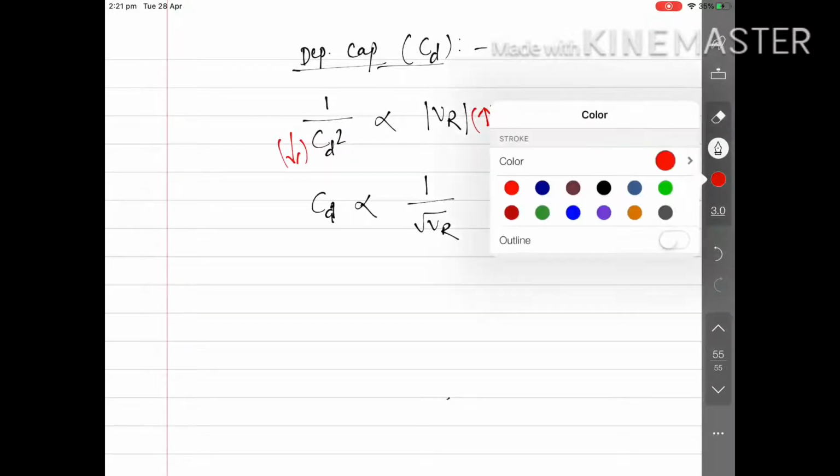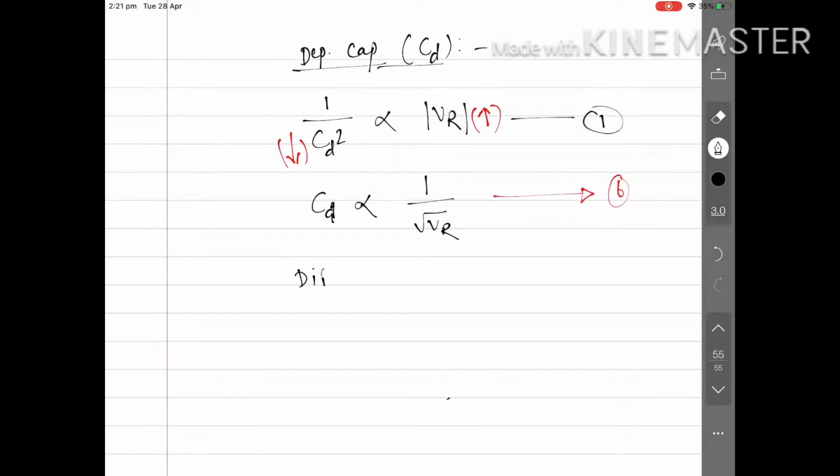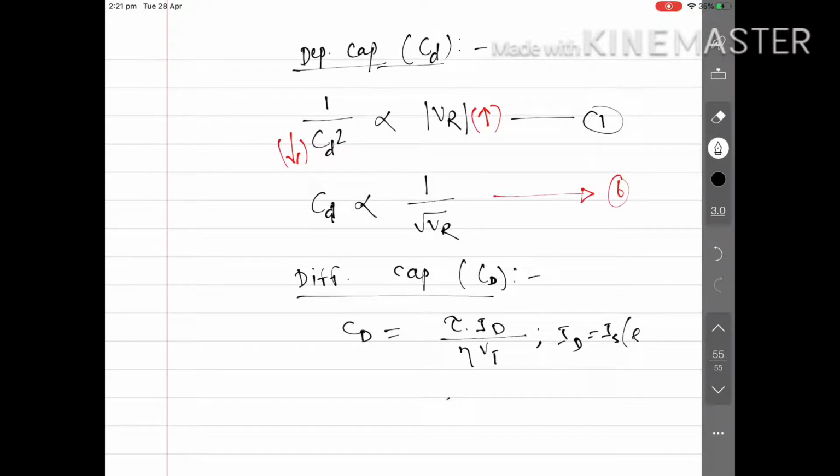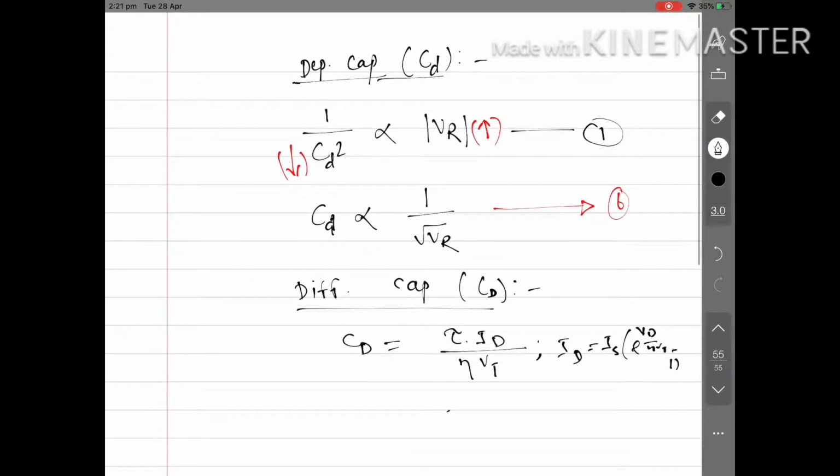And similarly for the diffusion capacitance, let me denote it as C subscript capital D. The diffusion capacitance C_D is tau I_D over eta V_t, right? And here I_D is equal to I_s e to the power of V_D over eta V_t minus 1, right? So this is the equation for diode current.